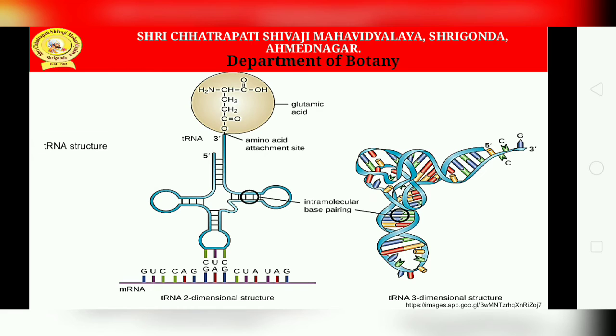The rRNA ensures the proper alignment of the mRNA, tRNA and the ribosome. The rRNA of the ribosome also has enzymatic activity and catalyzes the formation of peptide bonds between two aligned amino acids during protein synthesis.